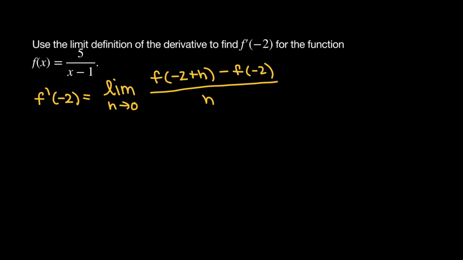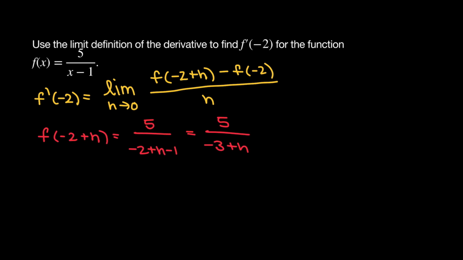Again, I plugged in negative 2 for the a. F of negative 2 plus h means I'm going to replace the x with negative 2 plus h. So that gives me 5 over negative 2 plus h minus 1, combine like terms, 5 over negative 3 plus h. Then I'm going to find f of negative 2, plugging negative 2 in for x, that gives me 5 over negative 3, or negative 5/3.